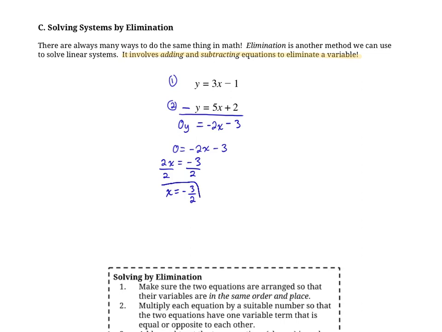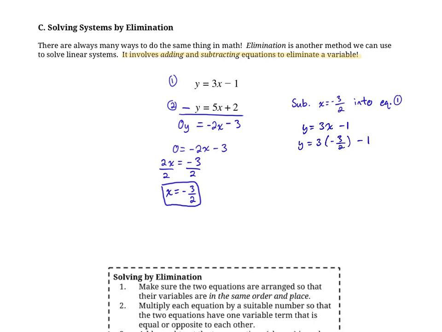Now that we found x, we can actually use this value to substitute into one of your original equations. So we would then substitute x equals -3 over 2 into any of the equations, and I'm going to choose equation 1. So the original equation is y equals 3x minus 1, and we just need to replace x with -3 over 2.